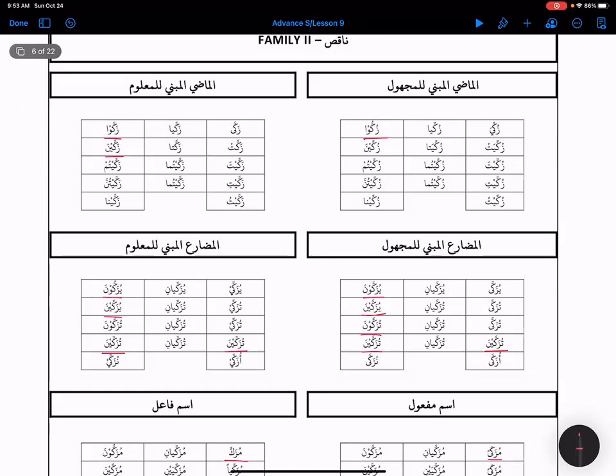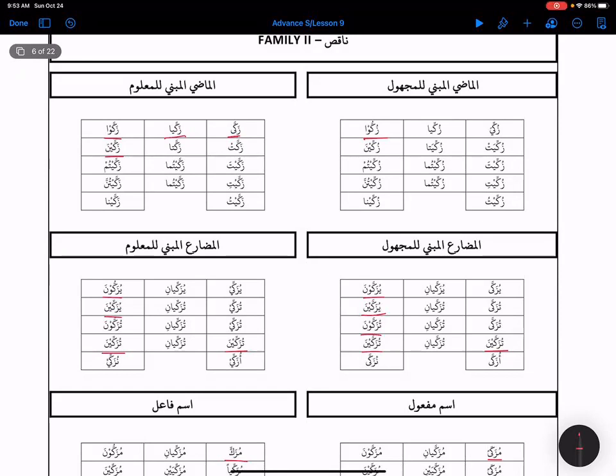Okay. Zakka, yazakka, yazakku. This is the Allama family. So this is Zakka, and then? Zakka, ya. Why are we saying Zakka? This is basically ya, the root letter, right? Za, kaf, ya are the root letters.